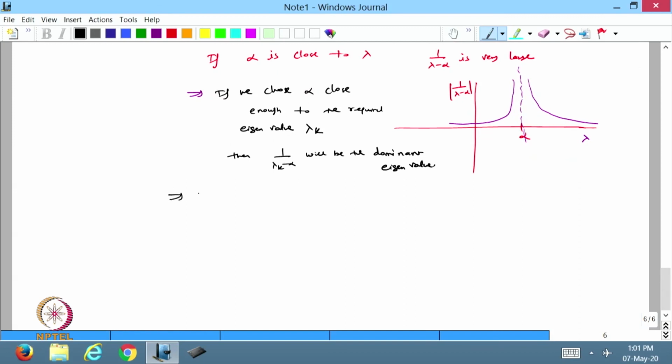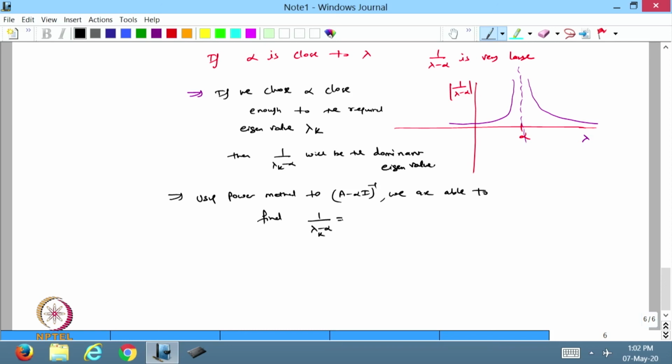So, with the help of using the power method on A minus alpha I inverse, we are able to find 1 over lambda minus alpha. So, that is the lambda k I am taking.